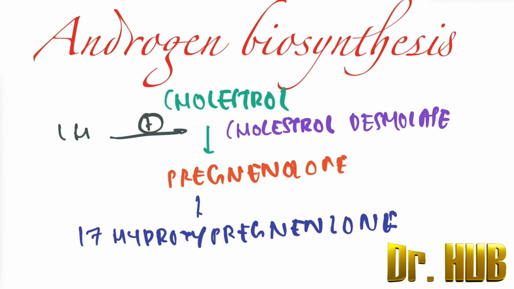So when you're looking at the pregnenolone to the 17 hydroxy pregnenolone, here what we have is the 17 alpha hydroxylase which takes place. So during this conversion, the 17 alpha hydroxylase plays a role.